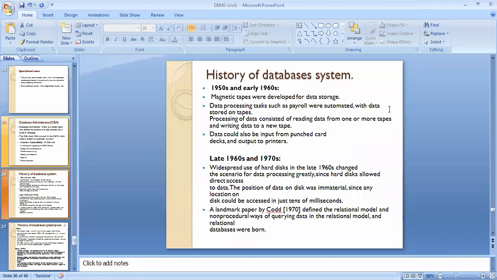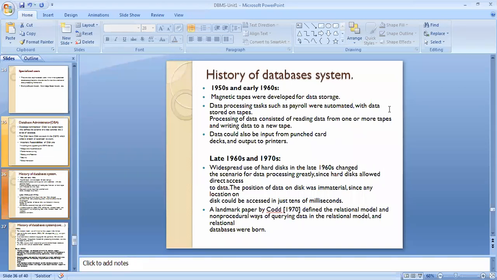At that time, magnetic tape was developed for data storage. Data processing tasks such as payroll were automated with the data stored on tapes. Processing of data consisted of reading data from one or more tapes and writing data to a new tape. Data could be input from punch card decks as well as output to the printer. So in the 1950s and early 1960s, magnetic tape was used for storing the data.